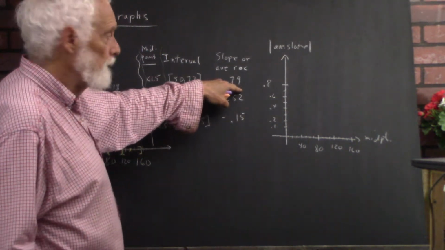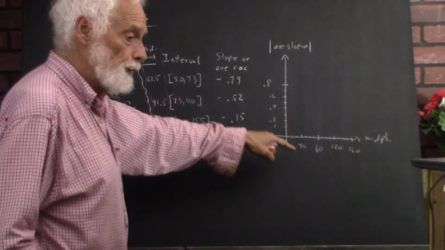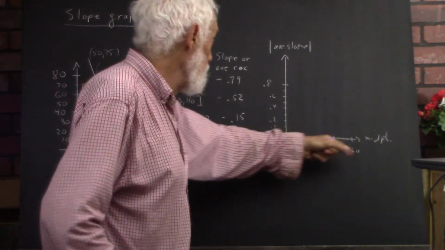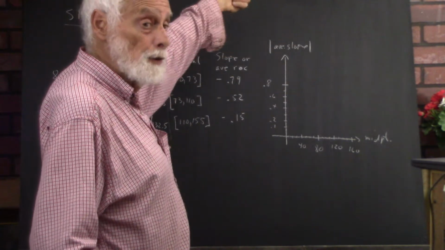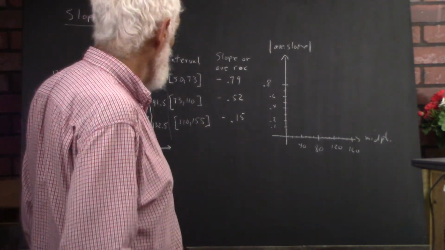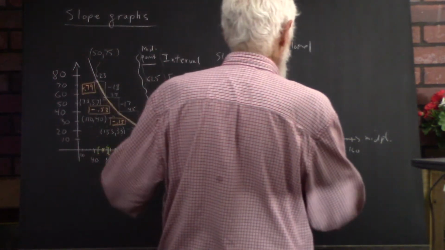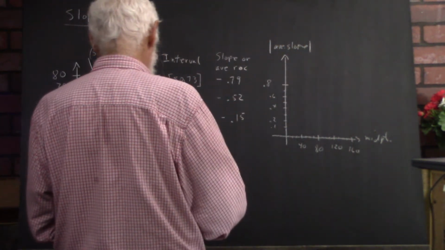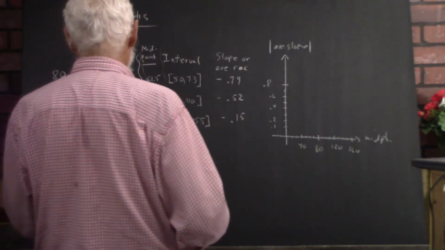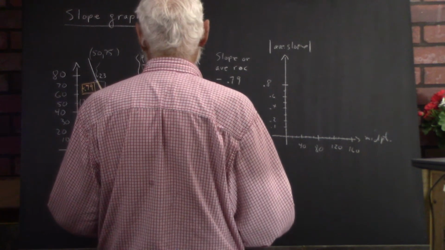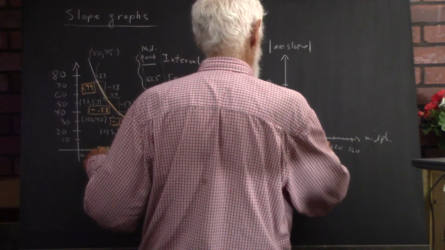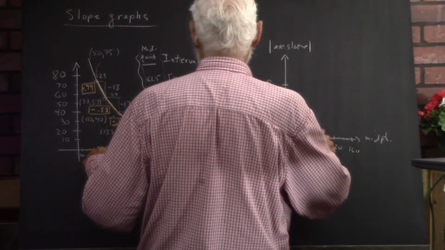And now the point 61.5, 0.79 goes on this graph because we have midpoint down here and we have average magnitude of the average slope up here. So 61.5, and I'm going to go ahead and sketch in my intervals again. So I've got 50 to 73.